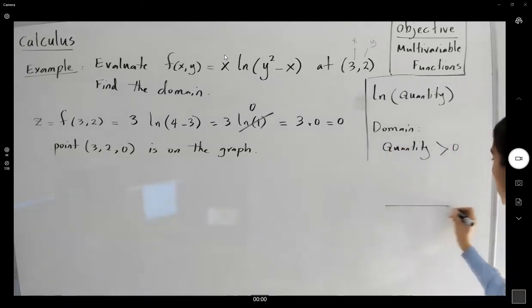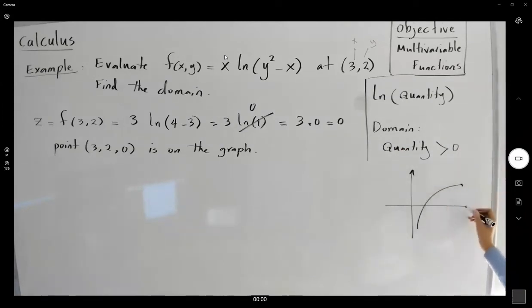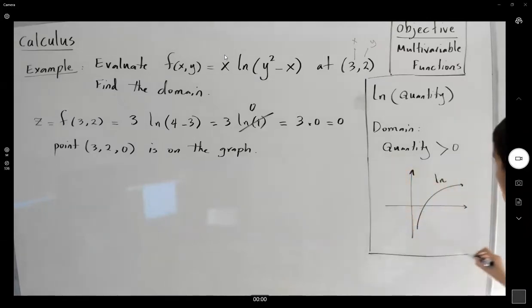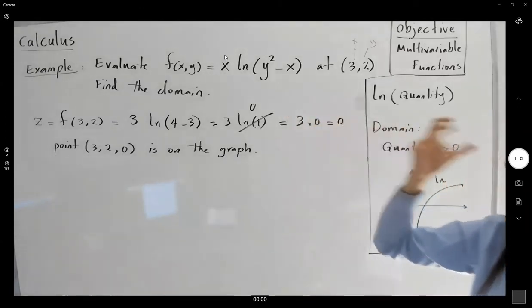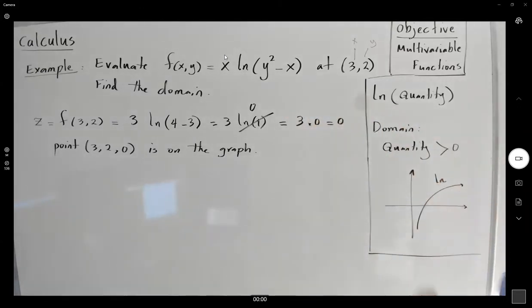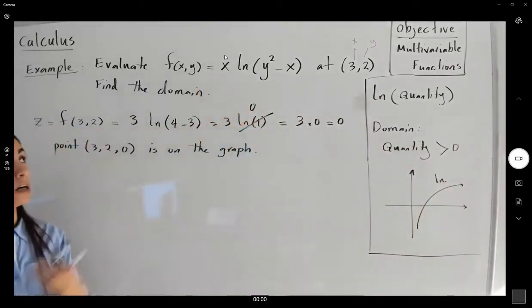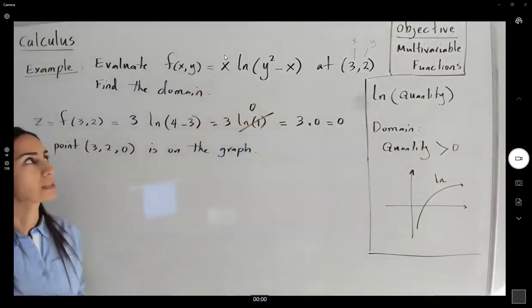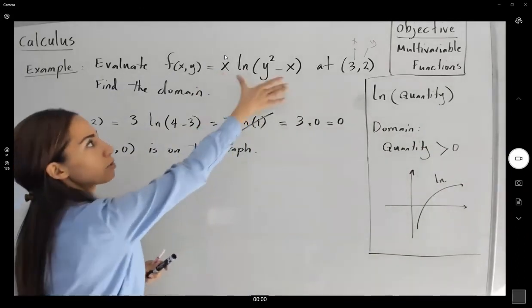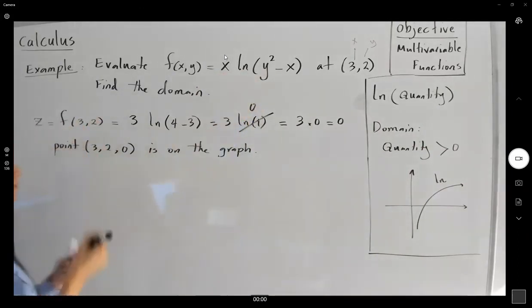Remember that the graph of ln is like this. So whenever we are given a quantity, we have to take that and set it greater than 0. But we can freely add anything that you like to your x. It doesn't matter. x is multiplied by the ln function.